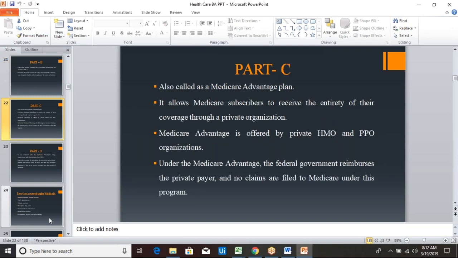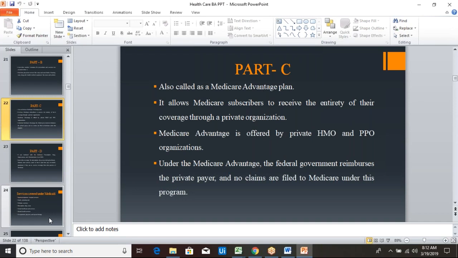When it comes to Part C, we call it the Medicare Advantage plan. It is usually offered by a combination of private HMOs and PPOs, with federal government reimbursements.